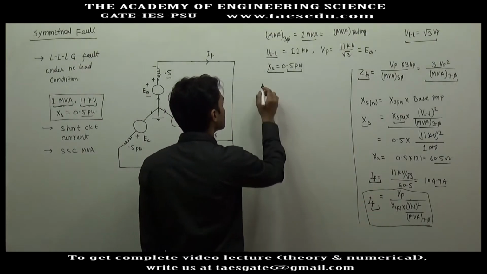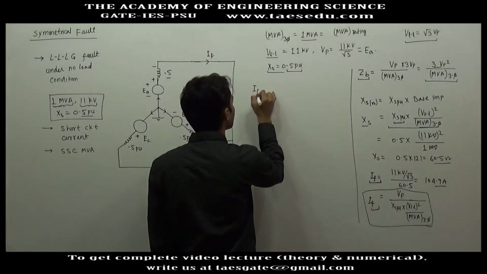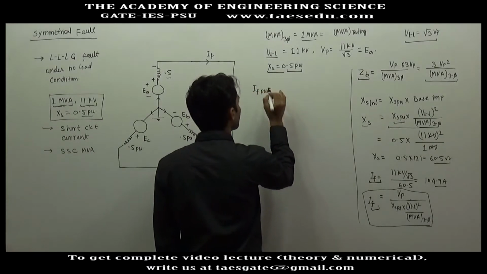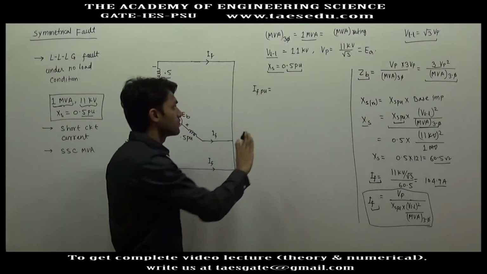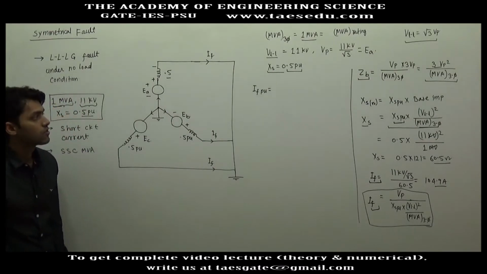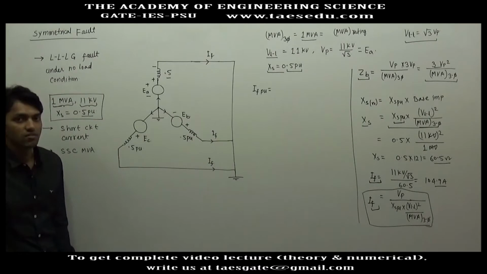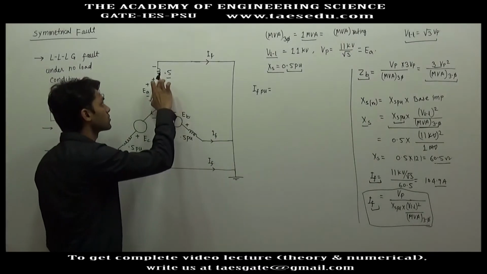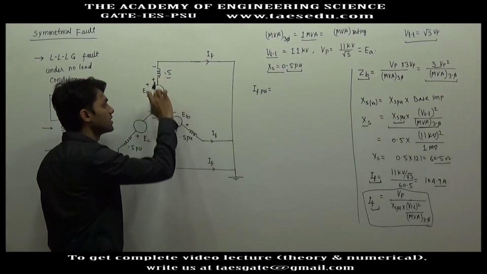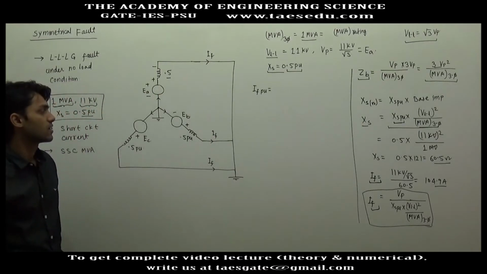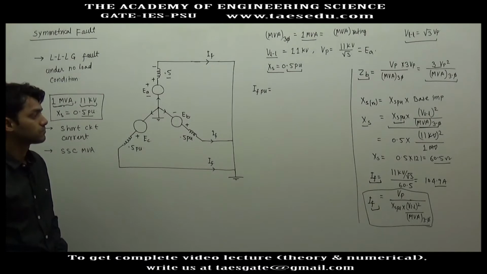Now if you are interested to find out the PU value of fault current, first we will calculate the PU value in the phase only. In most of the cases, first we will calculate the PU value in phase, and then we will find out the relationship between phase and line.